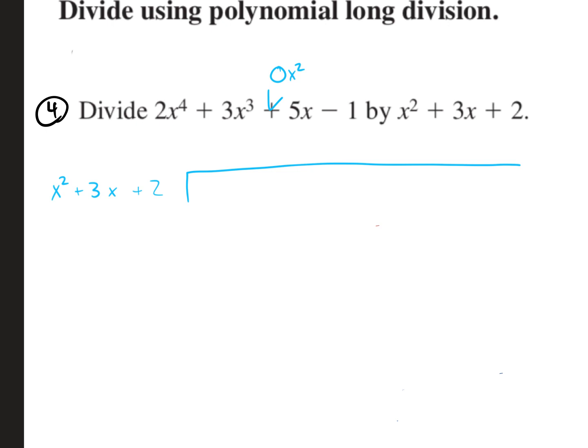We need every term represented. So if I start with x to the 4th power, I need x to the 3rd power, x to the 2nd, x to the 1st power, and our constant. So inside the box, I have 2x to the 4th power plus 3x cubed plus 0x squared plus 5x minus 1.